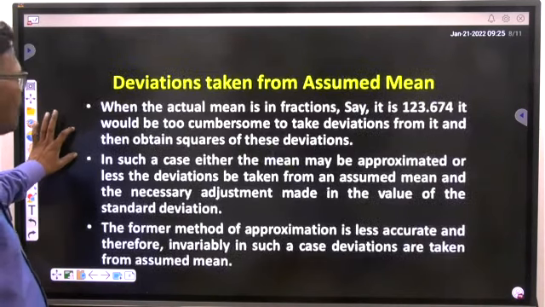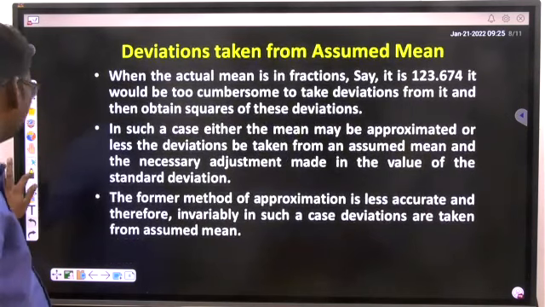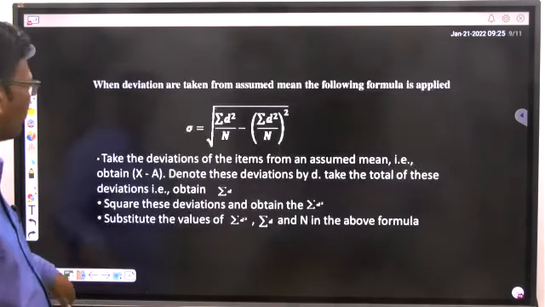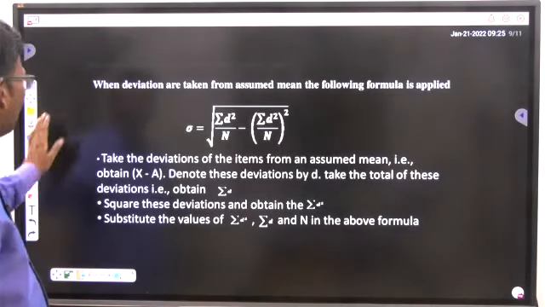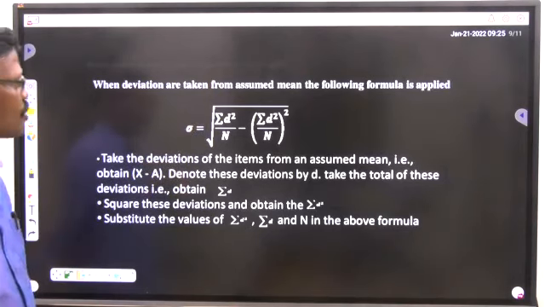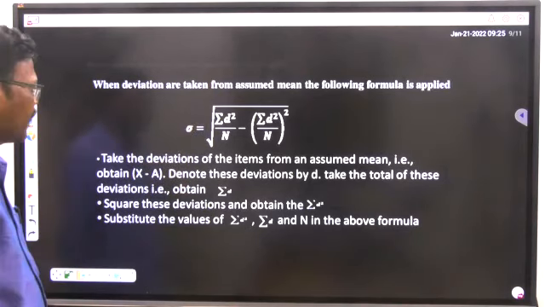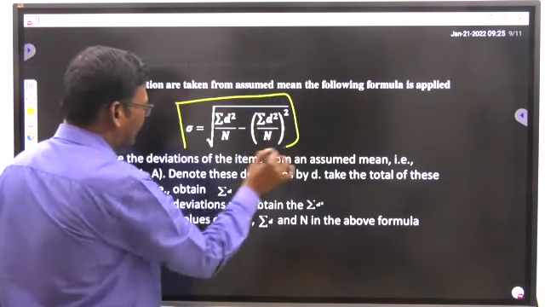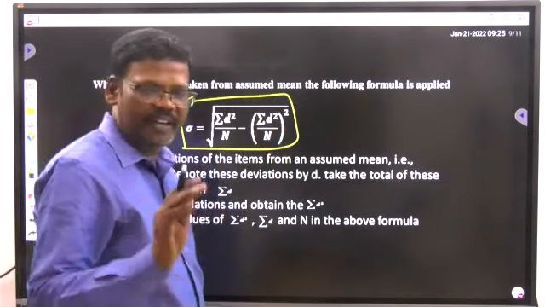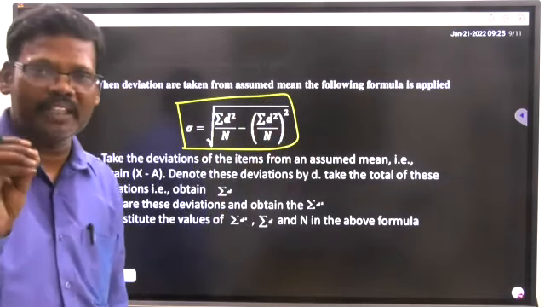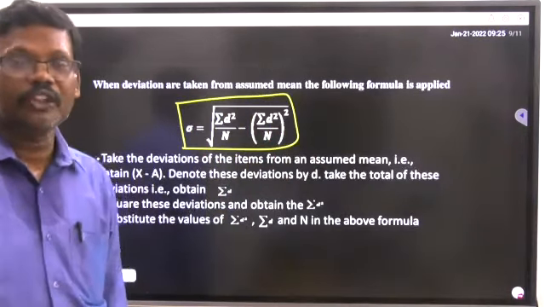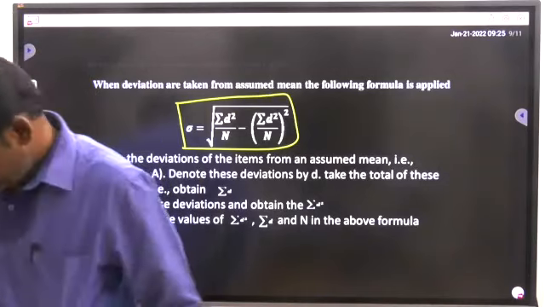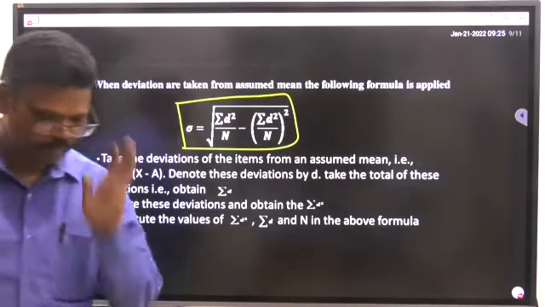When the deviation is taken from the assumed mean, the following formula is used to estimate the standard deviation. Finally, please remember this formula.